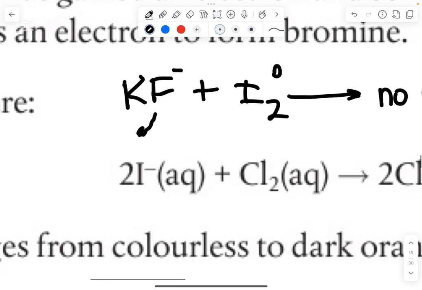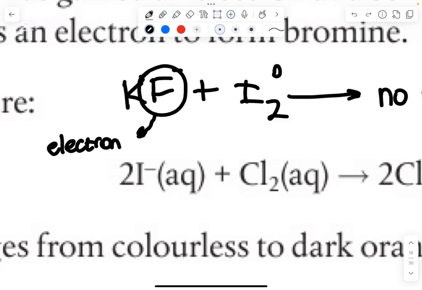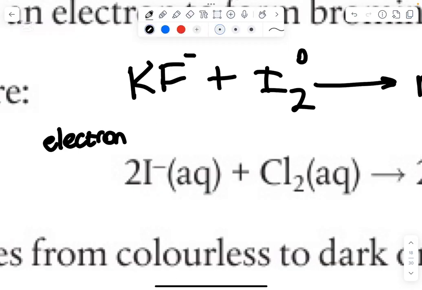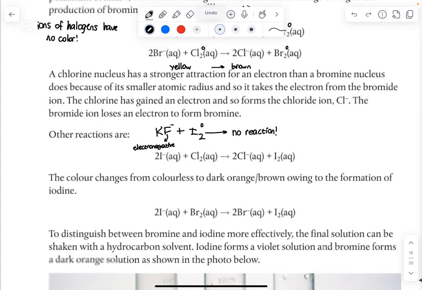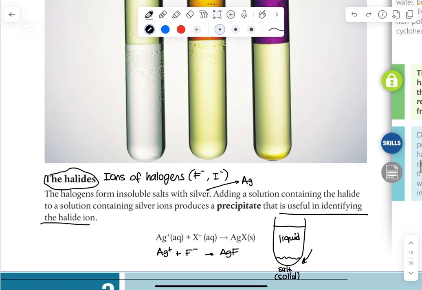Recall that fluorine is more electronegative than iodine, and that fluorine is the most electronegative element there is. So fluorine is going to be more inclined to have a negative oxidation state, and iodine is sadly not going to be able to attract the electron. So no reaction happens.